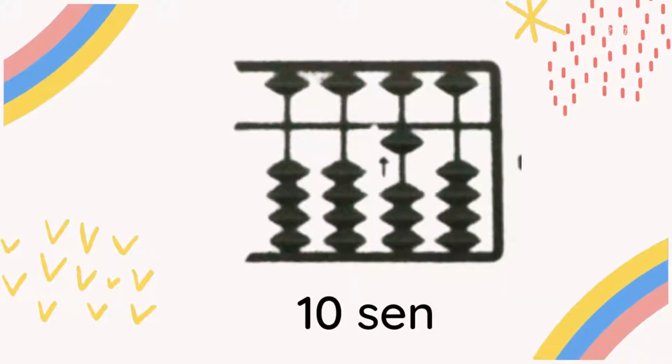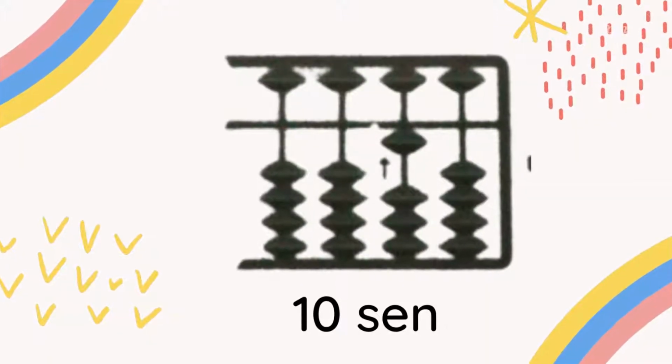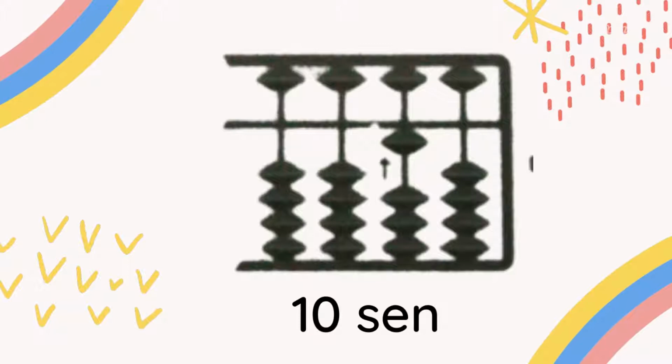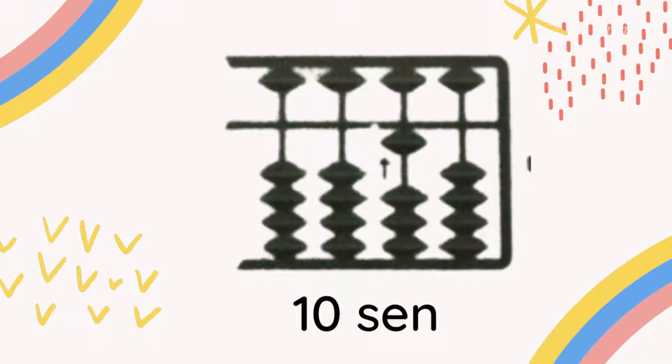In this case, for money, 10 is 10 cents. 100 cents indicates 1 ringgit. In this picture we have 1 and 0, so it's 10 cents.